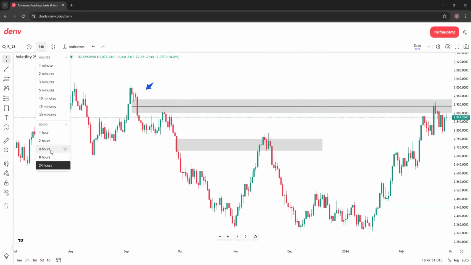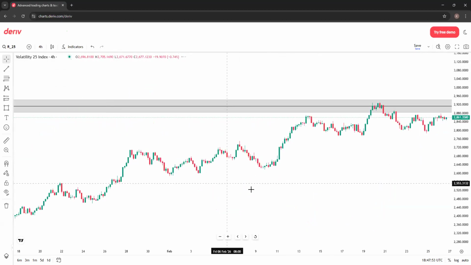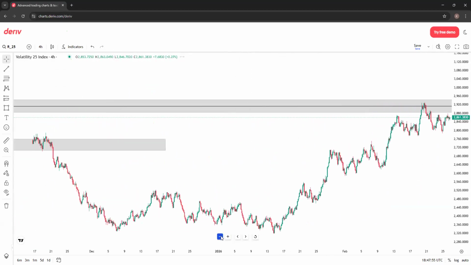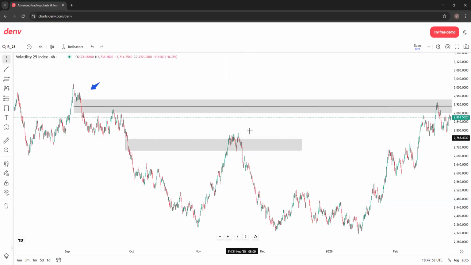And if we are to go back to a smaller time frame, let's start with the 4 hour. What you can actually see is you had your break of structure here, and then it went down.